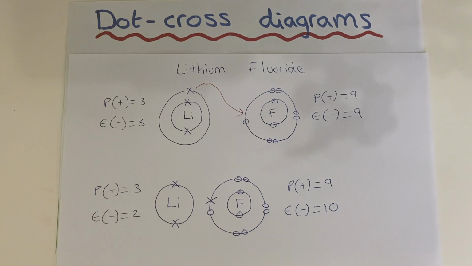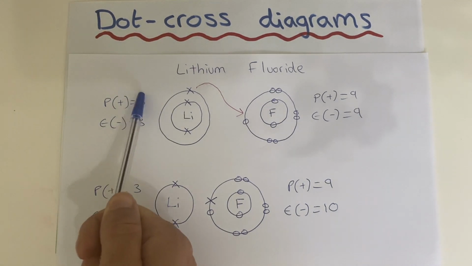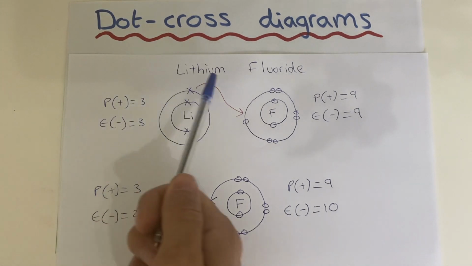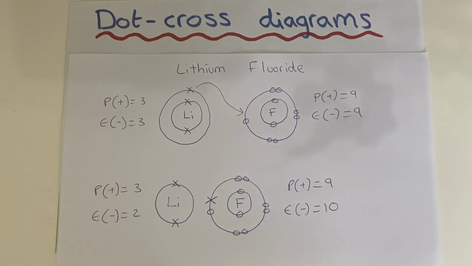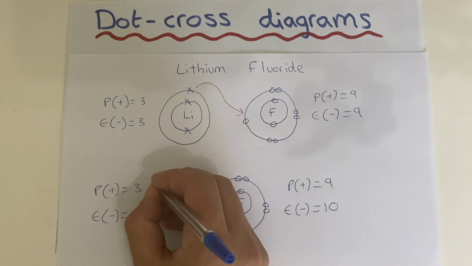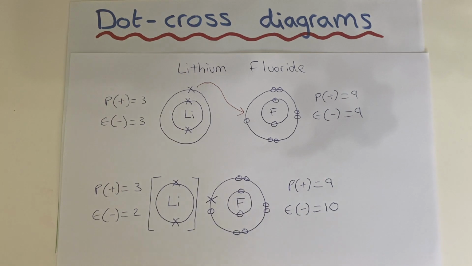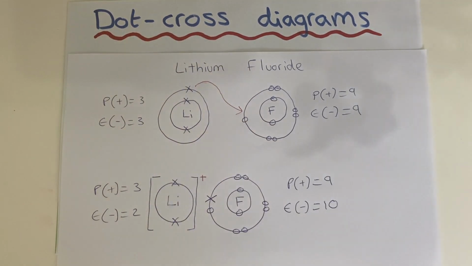Okay, now if lithium has 3 protons and 3 electrons, then 3 positives and 3 negatives mean there's no overall charge. But after it's lost an electron, it now has 3 positives and only 2 negatives. So that means overall it has a positive charge. So I draw square brackets and I'm going to give it a plus on the outside of the brackets to represent the positive charge.